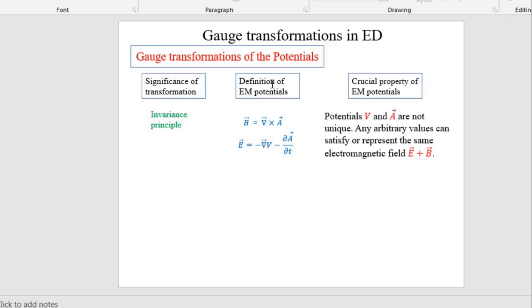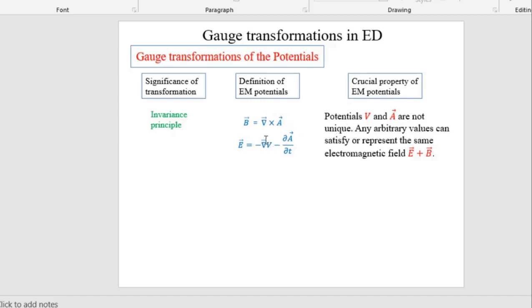Then we have defined the electromagnetic potentials through these equations: B is equal to curl of A and E is equal to minus gradient of V minus del A del t. Then we have discussed a very crucial property of these electromagnetic potentials, that the potentials V and A in these expressions are not unique.